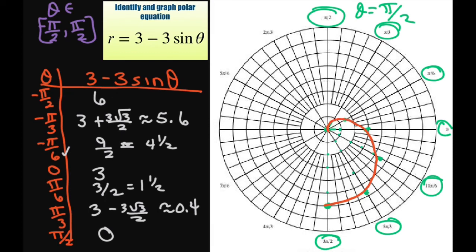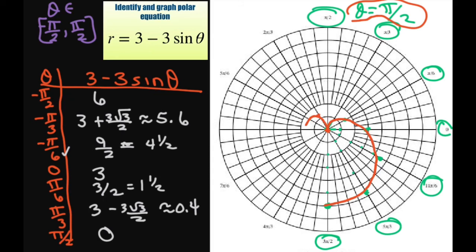So there that is. Now again, we said it's symmetric to theta equals pi divided by 2. So basically what you want to do is match this up to our graph here, 1.5. It's going to come back up around here.